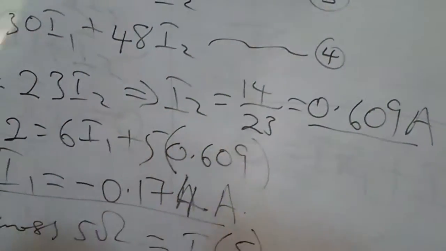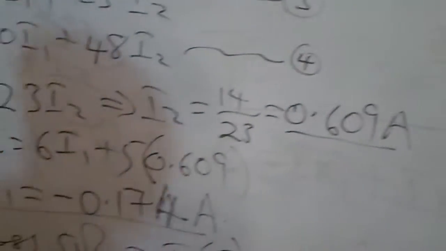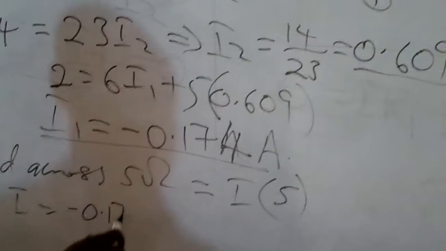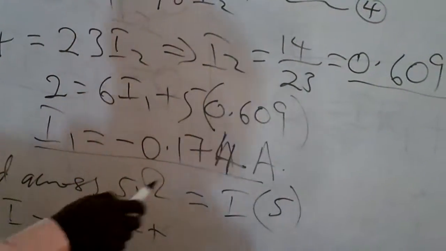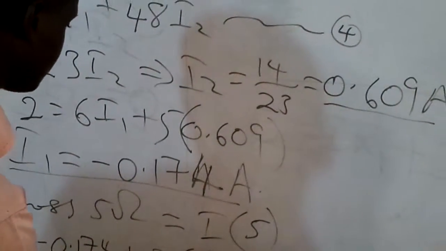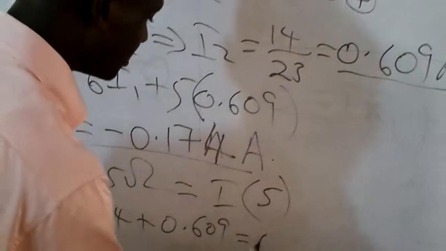And to get I, you know that from Kirchhoff's first law, I is equal to I1 plus I2, and our I1 is negative 0.174 plus I2, which is 0.609.